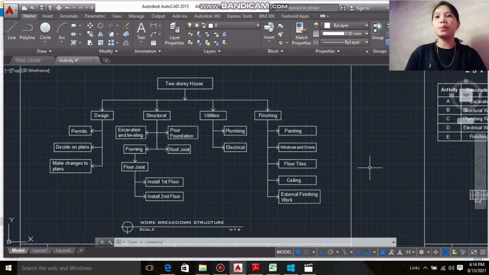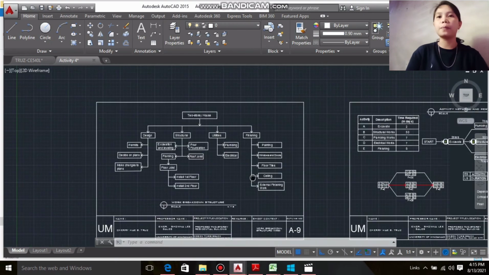The design is permits, deciding on plans, making changes to plans. For the structure is excavation and leveling, the pour foundation, the framing, the roof joist, the floor joist. And for the utilities is plumbing and electrical. The finishing is painting, windows and doors, floor tiles, ceiling, and external finishing work.